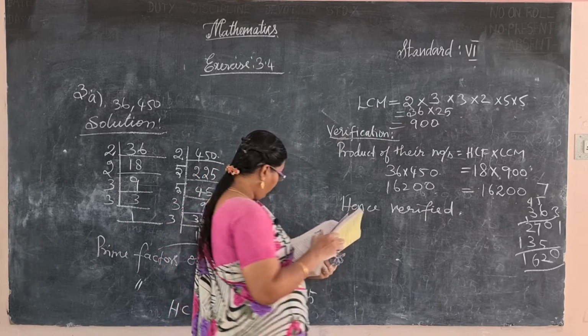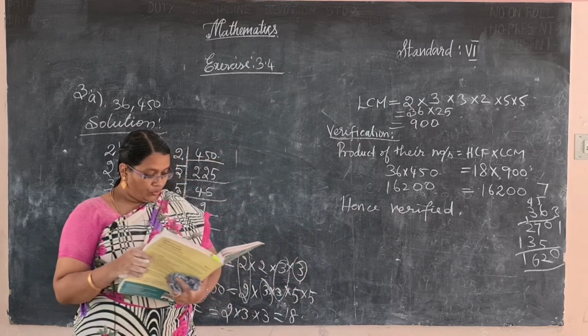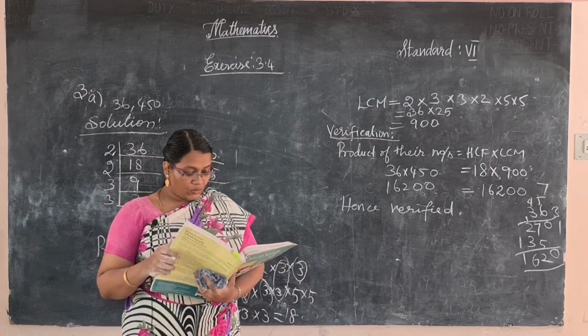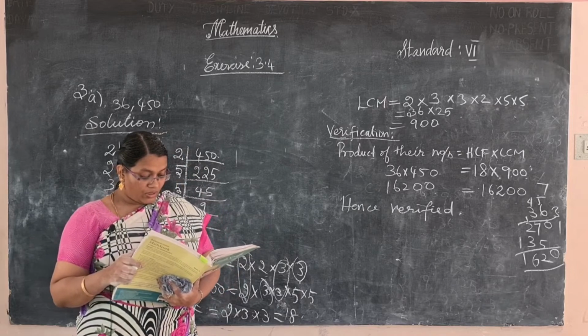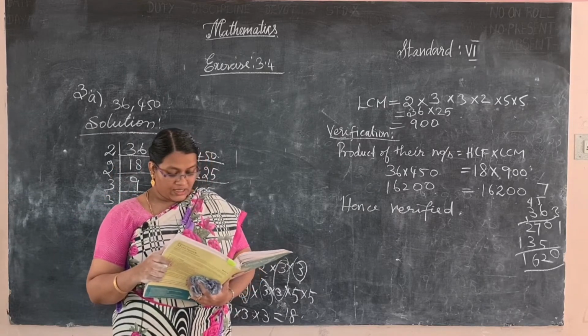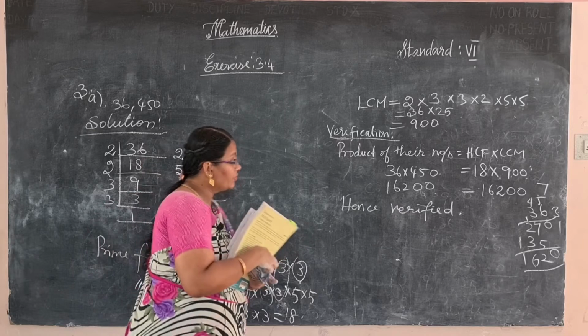Now see the fourth one. The product of two numbers is 1,33,600. If their HCF is 25, then find their LCM.